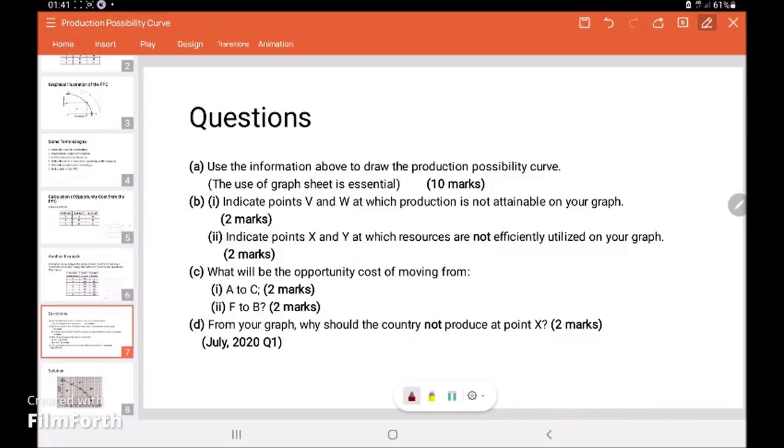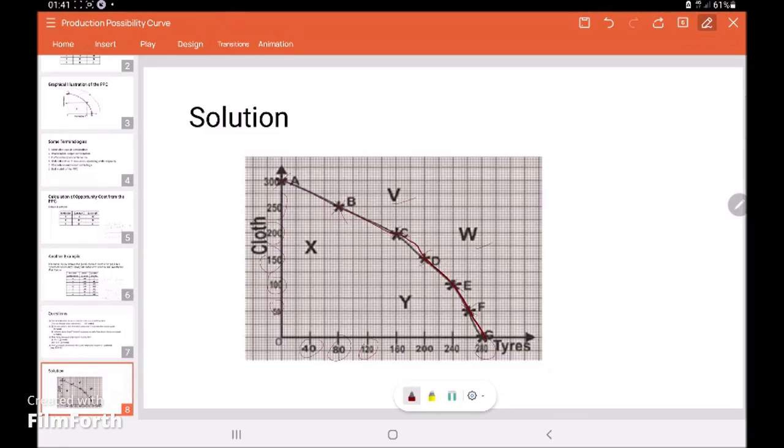So that is it. And then from your graph, why should a country not produce at point X? That's the last question. That is this point X, this point here. Because producing combination X will mean that you are producing within the production possibility curve, and that represents an inefficient output combination.